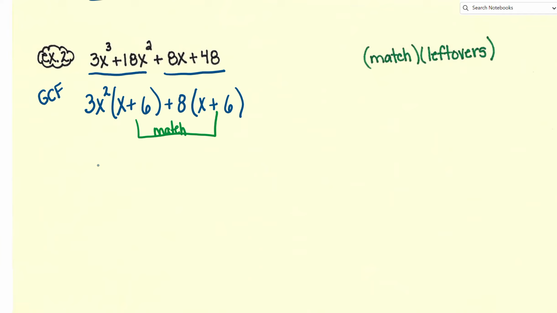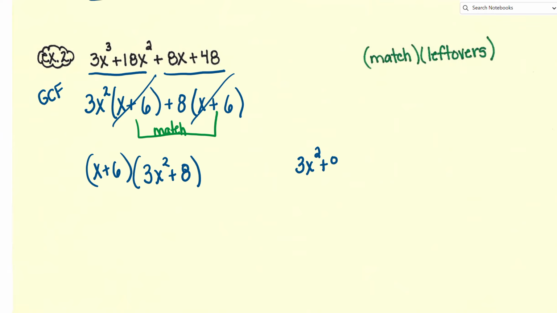Take out your match, x plus 6, and again, if you need to take them out, then you can see you have left over 3x squared plus 8. And that's your final answer. Now, sometimes people will write the 3x squared plus 8 first and then write the match, and that's fine. You'll see that both of those are equivalent answers.